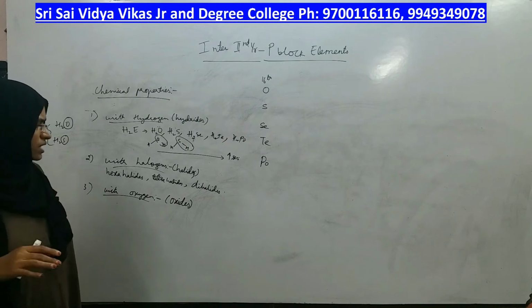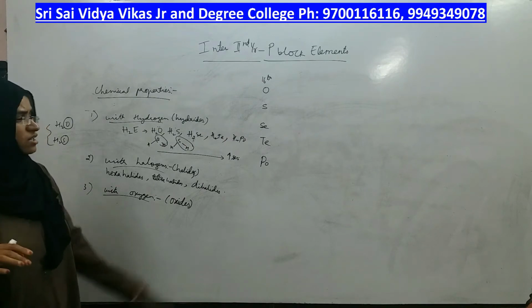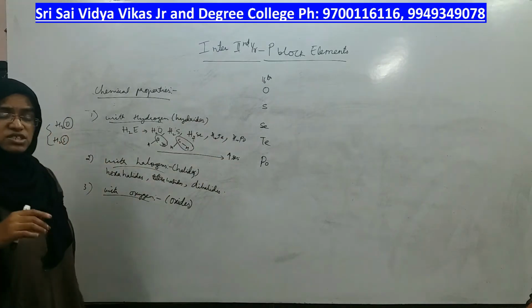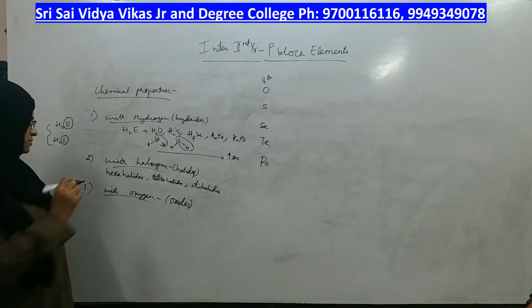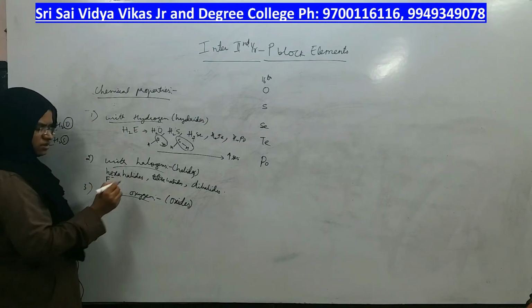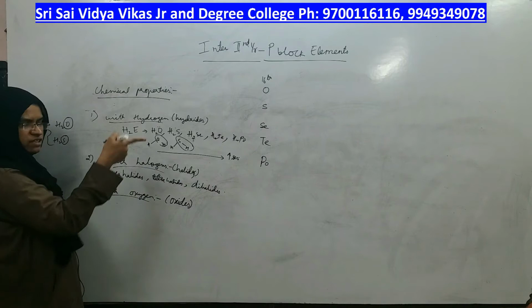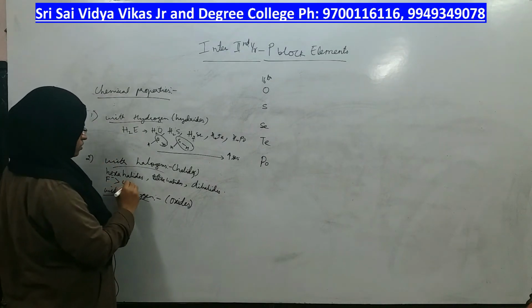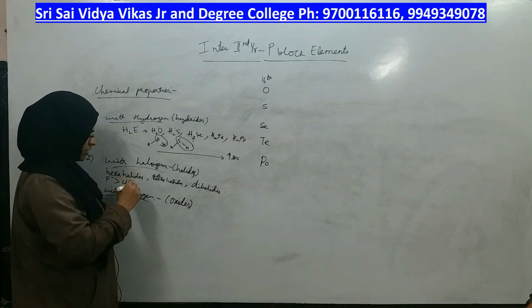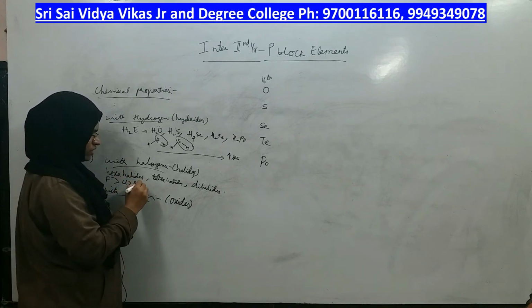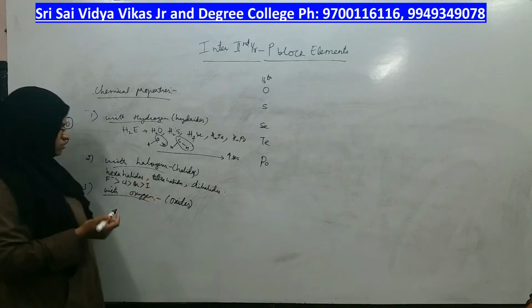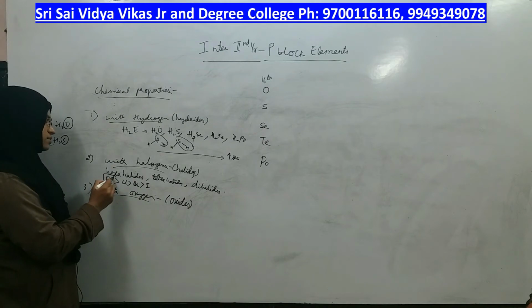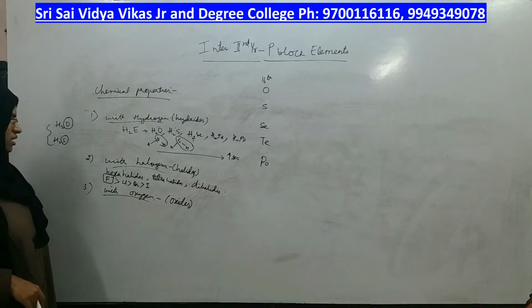Same way selenium chloride, selenium bromide, selenium iodide and fluoride. All of them can combine with all the halides, right? But all the halogens cannot react with these elements. Which can react very strongly? Fluorine will definitely react with everyone. Chlorine reacts maybe with some, 1 or 2. Bromine 1 or 2. Iodine 1 or 2. Who reacts with everyone is fluorine.